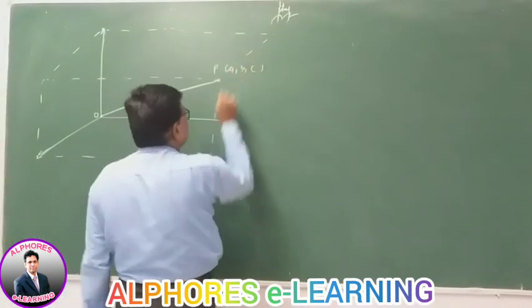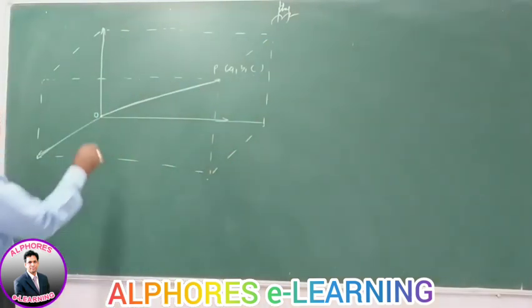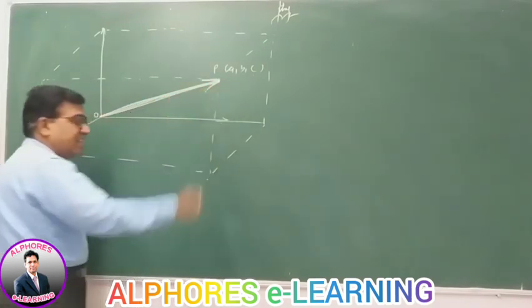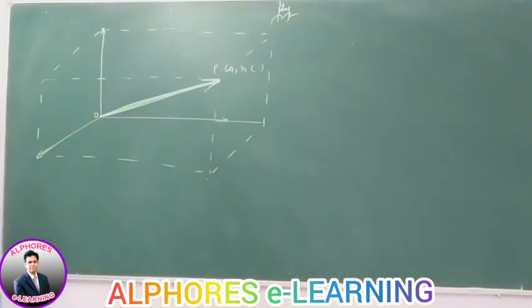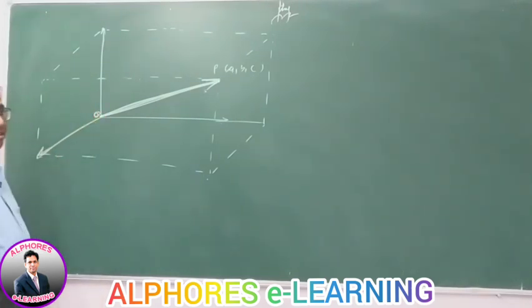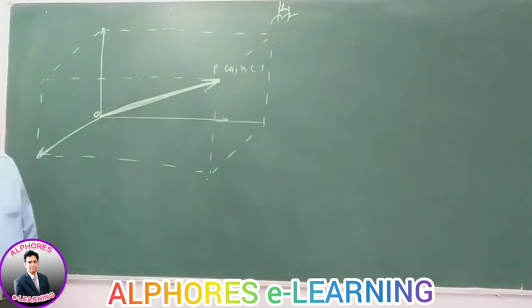OP bar is a vector represented in Cartesian 3D system like this, whose coordinates are a comma b comma c.